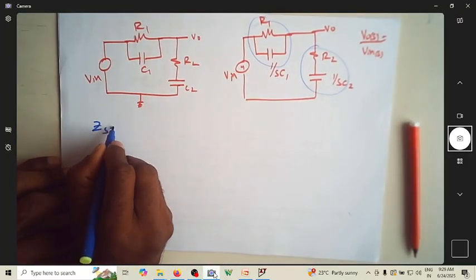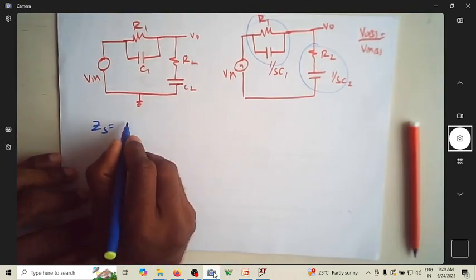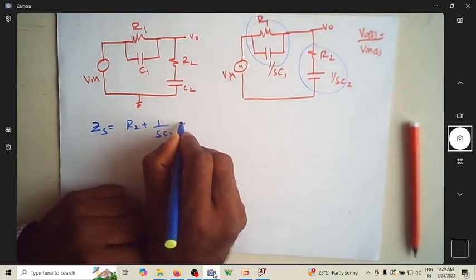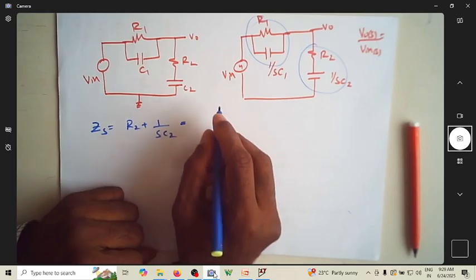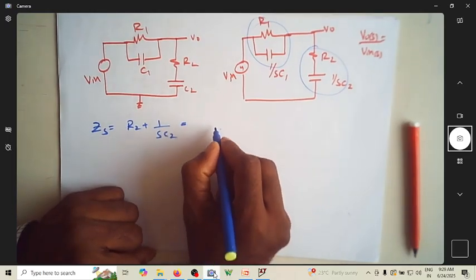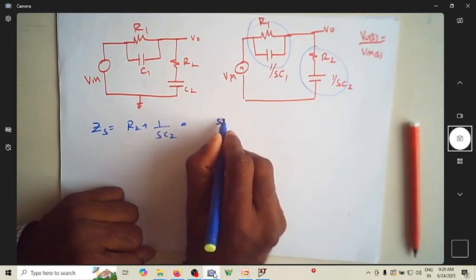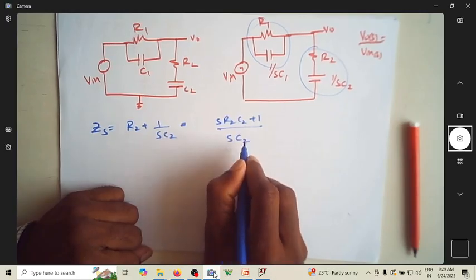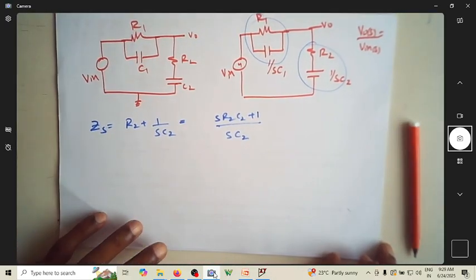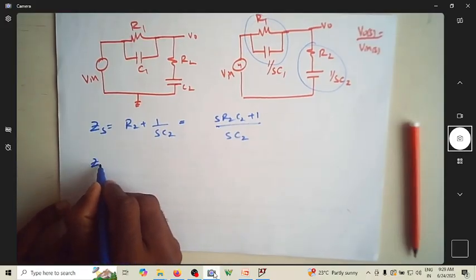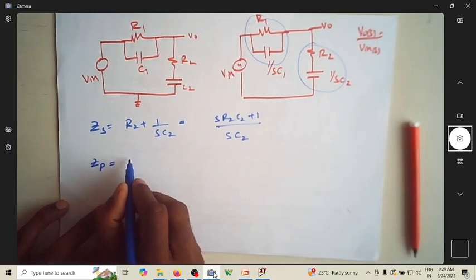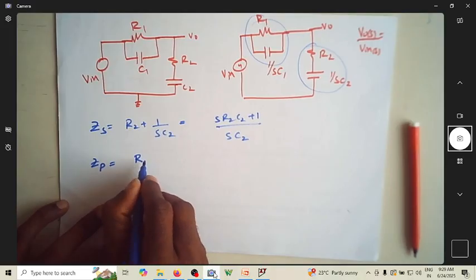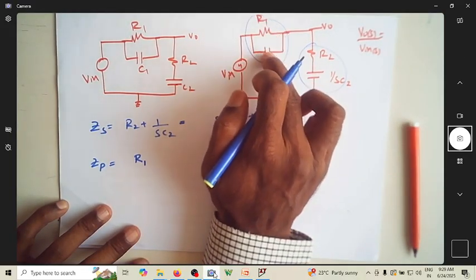Let me say ZS, the series combination, as R2 plus 1 over S C2. So this will become S R2 C2 plus 1 by S C2. So this is the simplification. The parallel combination of this and this is this into this divided by this plus this.